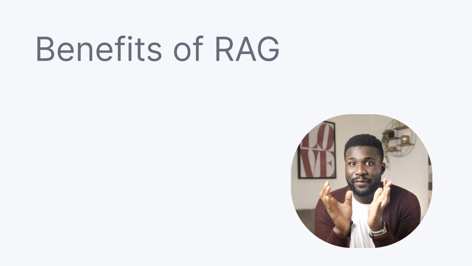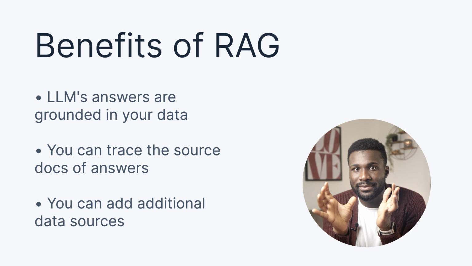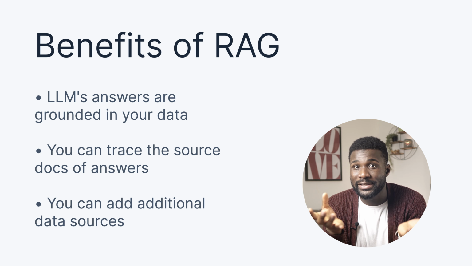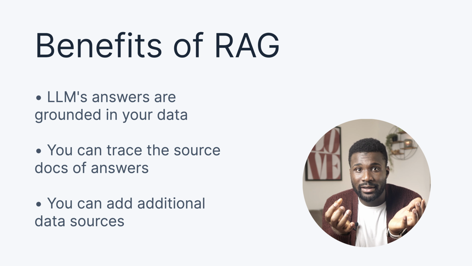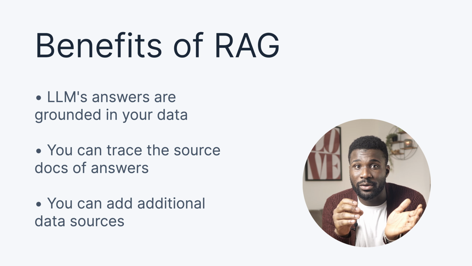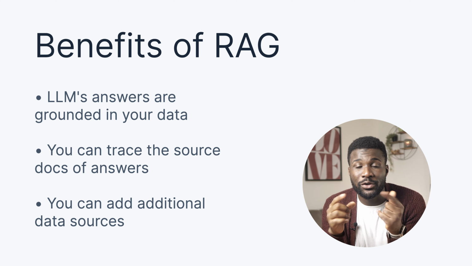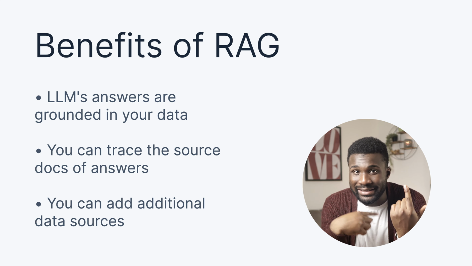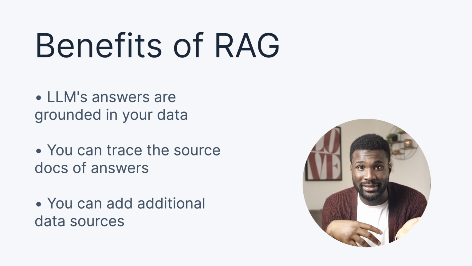And with RAG, you've got three main benefits. The first one is a bit obvious. So your AI app's answers become grounded based on real data you have. But two, it's also traceable because you can see which document was used to answer the question. And three, it's scalable. So you can add new data anytime without having to retrain the model from scratch.